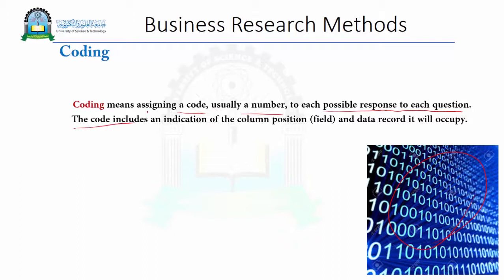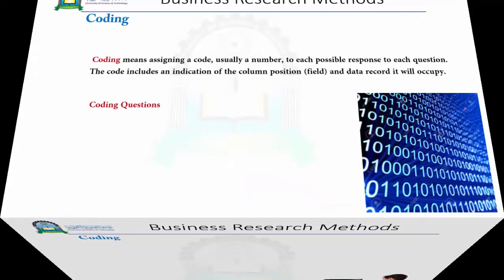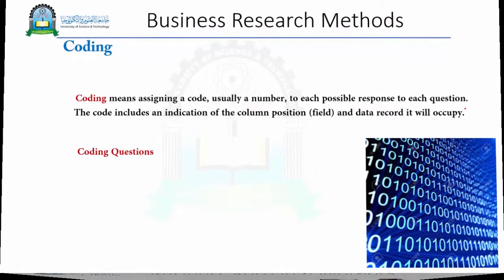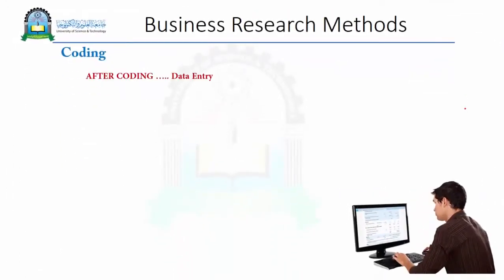The code includes an indication of the column position and data record it will occupy. So coding questions is very important. The scale number is going to be the code for the questions.